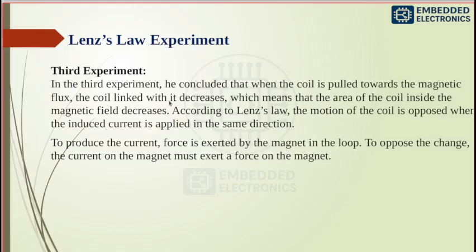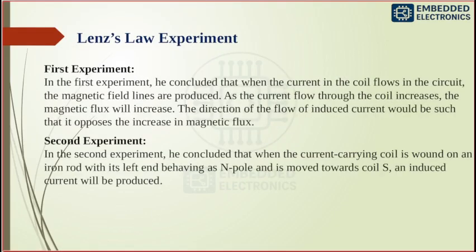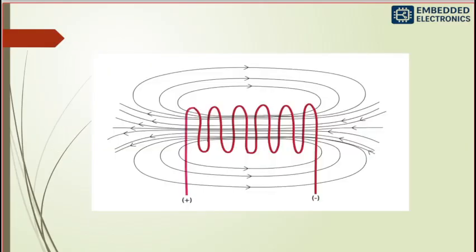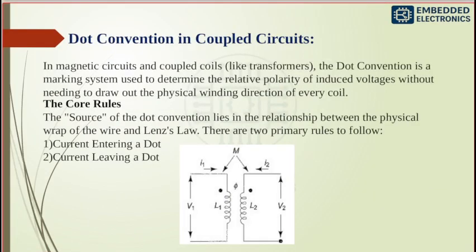So in experiment 3, pulling a coil away from a magnet makes electricity that pulls back. In experiment 2, pushing a magnet toward a coil makes electricity that pushes back. But in the first experiment, electricity makes a magnetic field. That's all about the Lenz experiments, and next is the dot convention in coupled circuits.